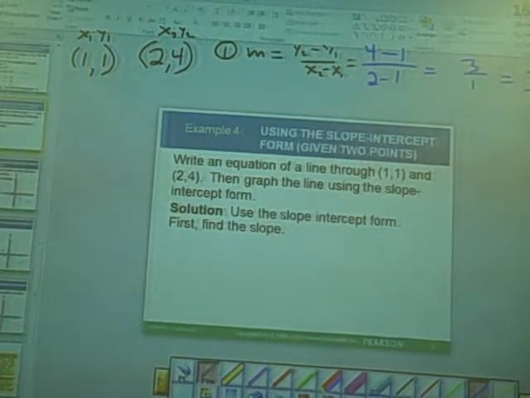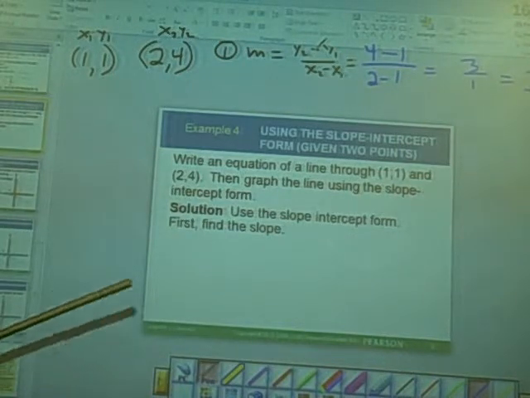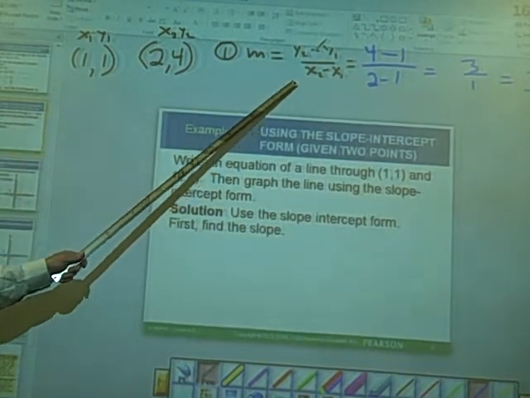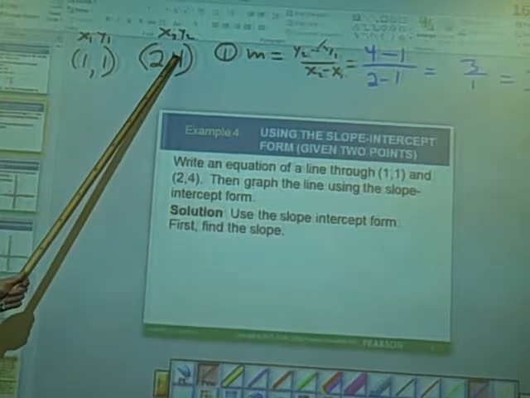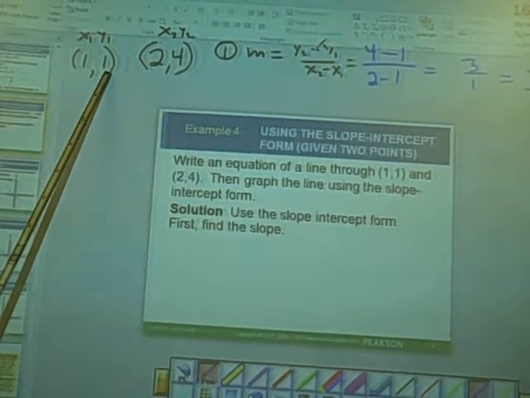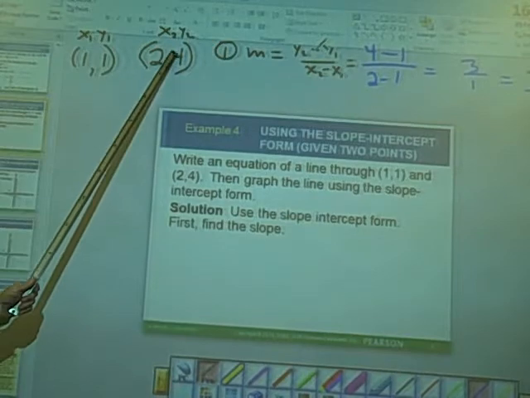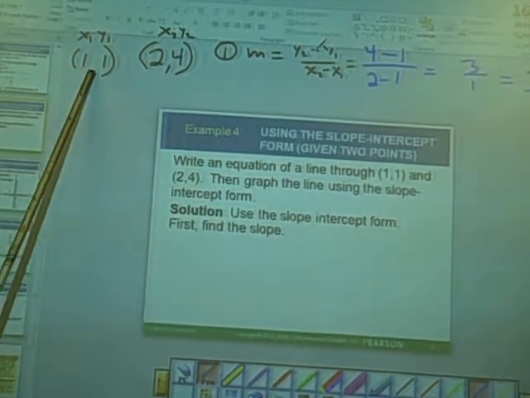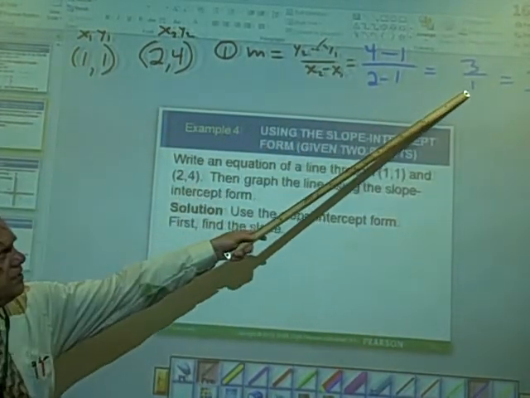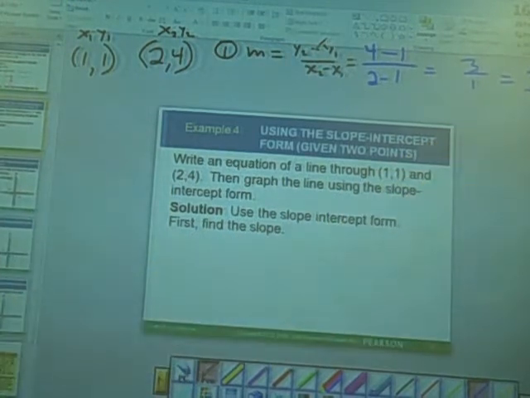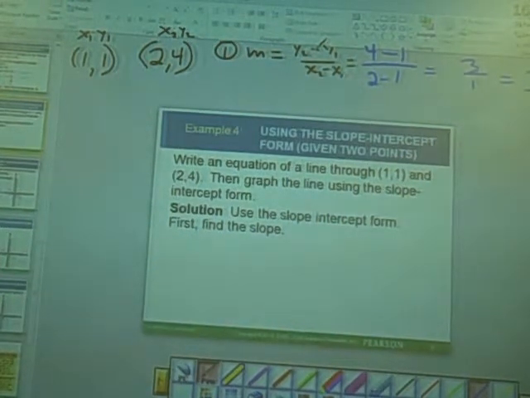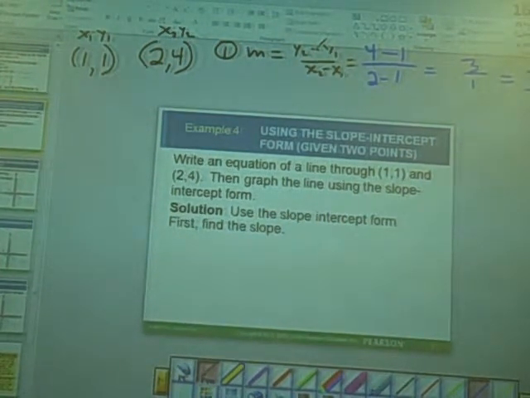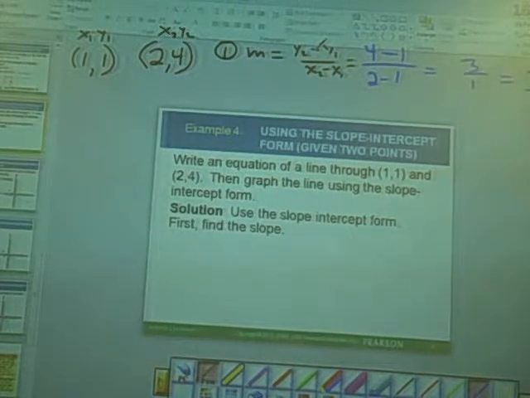Okay, so you've got here y2 is 4, minus y1 is 1, over x2 is 2, minus 1. So you don't want to leave this as 3 over 1, because that just adds a little bit more to a problem that doesn't need to be there.